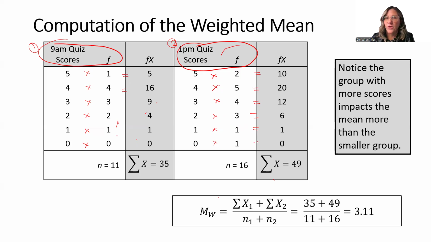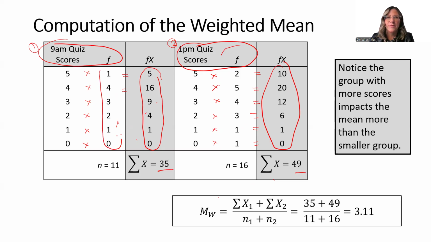And that way you can come down and add up your sum of x for the first sample, sample 1, and that sum of x is 35. The second sample, add those up. Second sample is 49. If you add up the frequencies for sample 1, you add this frequency column, we have a sample size of 11.